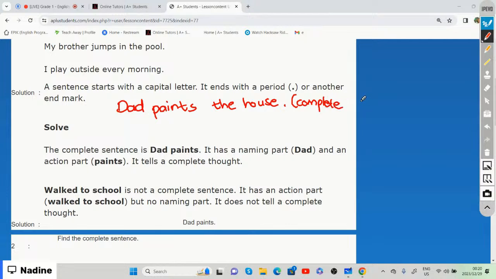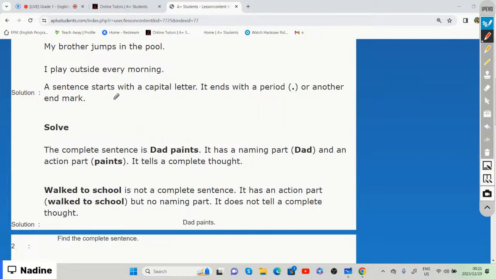So this is a complete sentence because it has both a naming part, which is a noun, as well as an action part, which is the verb, which means that Dad is the naming part, which is the noun, and paints is our action part, which is our verb. So this is a complete sentence.